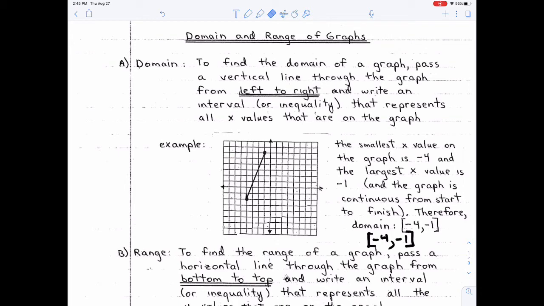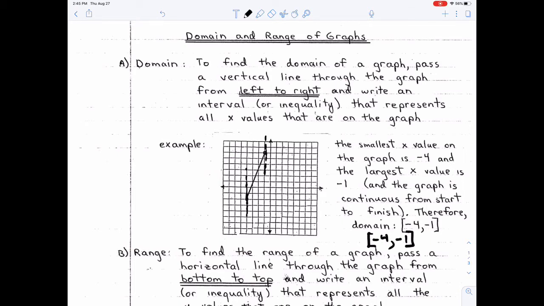Okay, so in this case, the x's go from an x value of -4 to an x value of -1. That's why the domain for this is -4 to -1. It means it includes every single x value starting at -4 and including -4 and going to -1 and including -1.